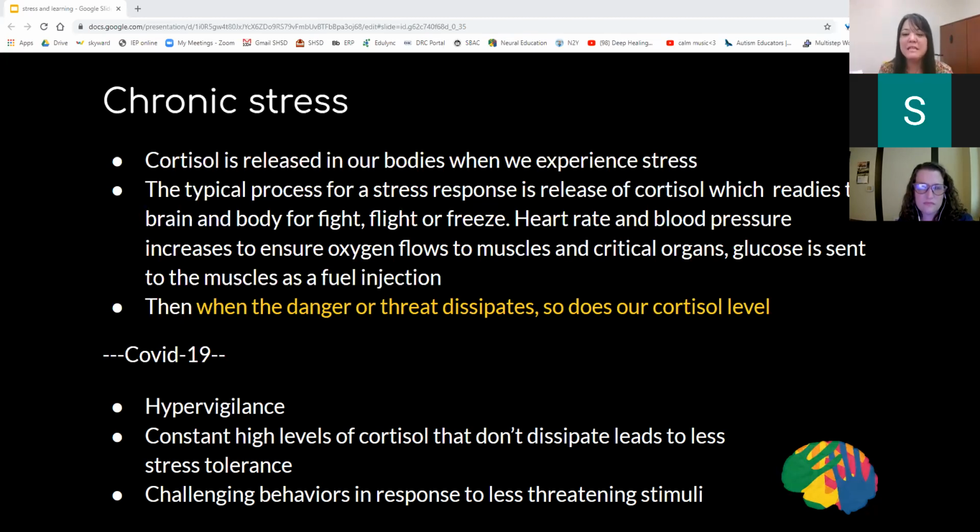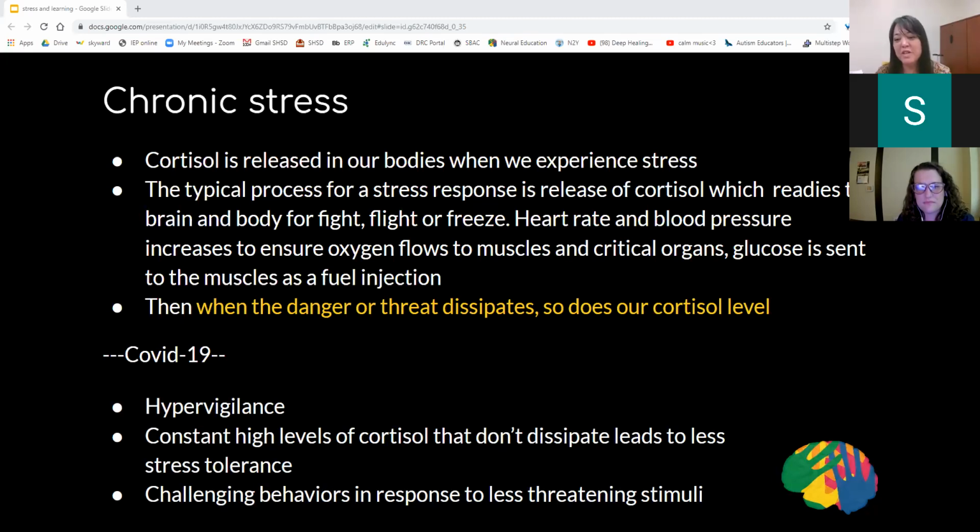So we might be seeing ourselves or others have challenging behaviors in response to less threatening stimuli, right? And so the important point here is that it could be a result of chronic stress, and just this lack of time, lack of ability for that cortisol level to decrease in our bodies.